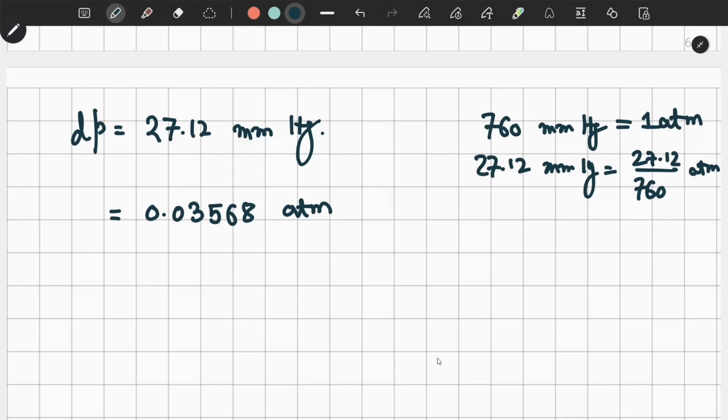Now the delta H is given in terms of calorie. So you have to convert the liter atm into calorie. How can you do it? You know the R value, 0.082 liter atm, equal to 1.987 calorie.